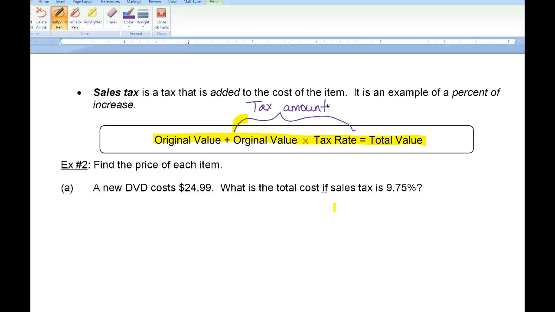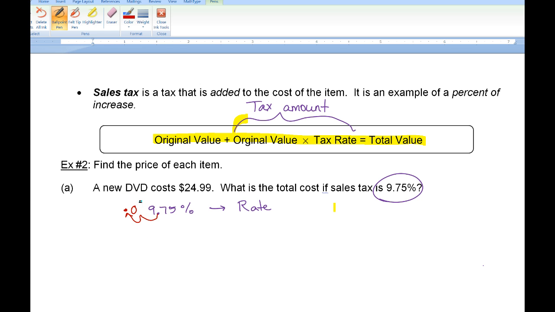So the first thing we need to do is take this percent, 9.75%, and change it to a rate. In order to do that, we need to take the decimal and move it to the left 2 places.